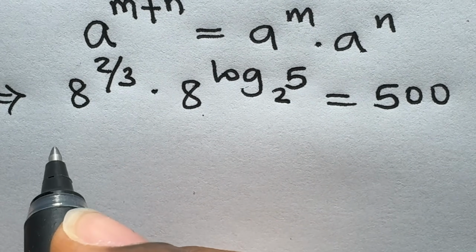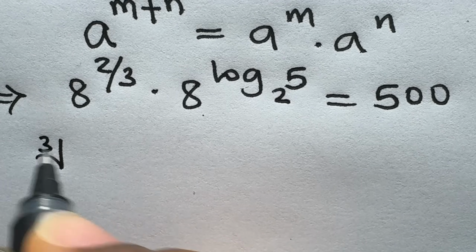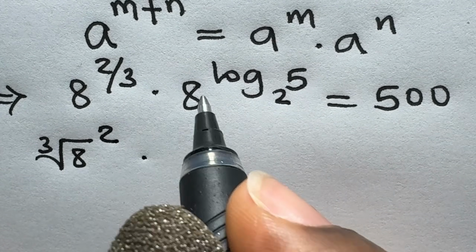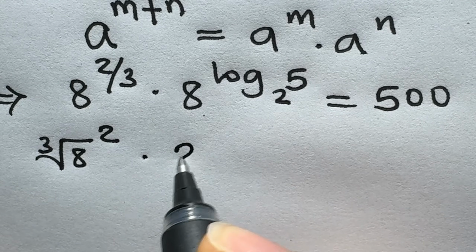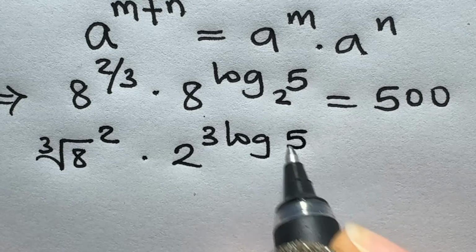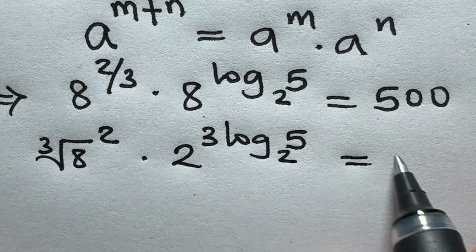I will express this as cube root of 8 raised to power 2. Here, let's write this as 2 raised to power 3 times log 5 base 2 to give us 500.